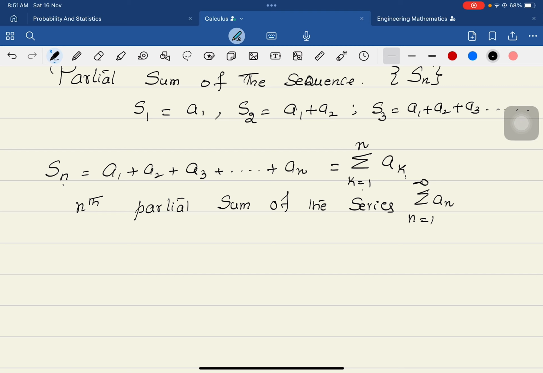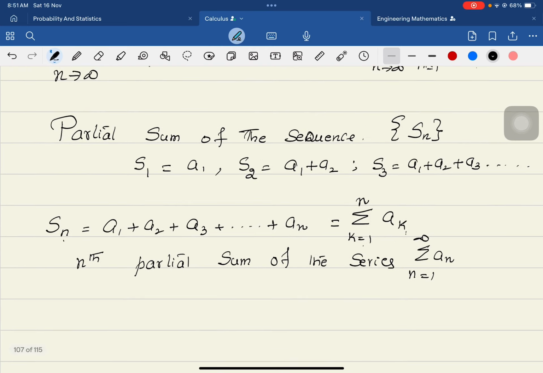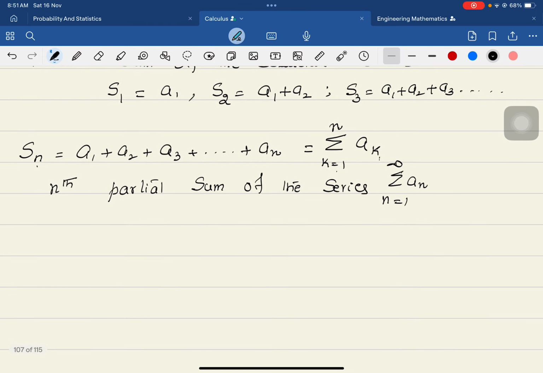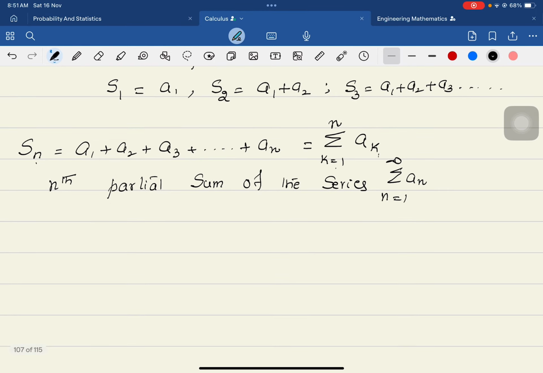Now, as I told you about the sequence, my sequence 1, 1 by 2 and so on has a limit. Now, coming to this point, what is meant by a convergent or divergent series? The convergent series, I write. What is meant by this?